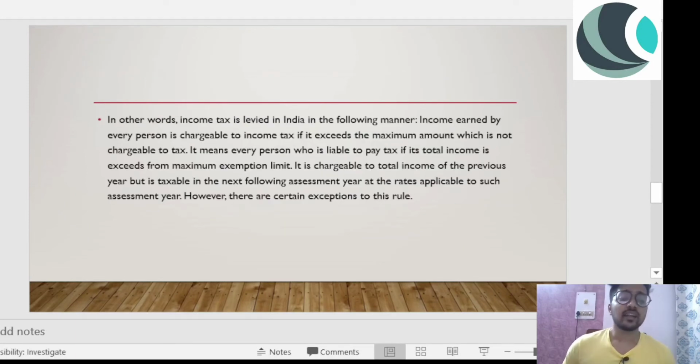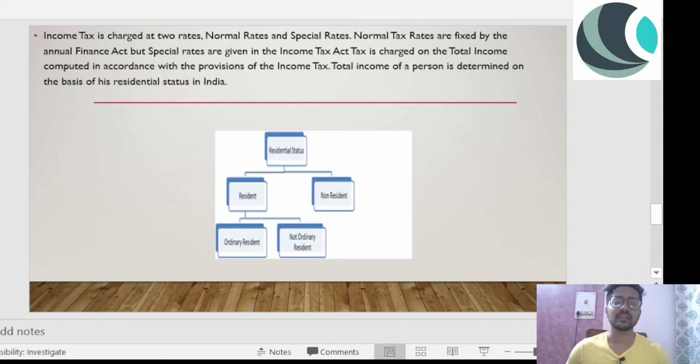And the last thing that you have to make sure is that income earned by every person is chargeable to income tax if it exceeds the maximum amount not chargeable to tax, right? And I hope it's clear what the difference is between previous year and assessment year. The previous year, in our case, will be 2021 to 2022, and the assessment year will be 2022 to 2023. So this is about income tax.